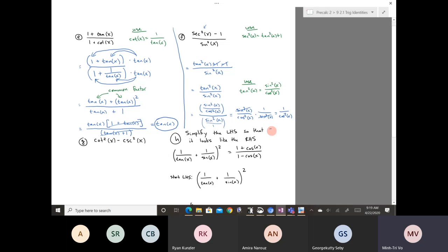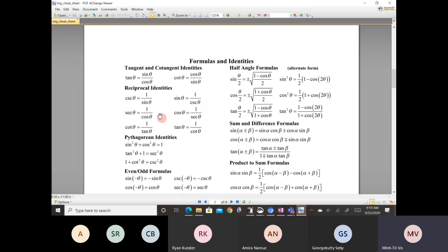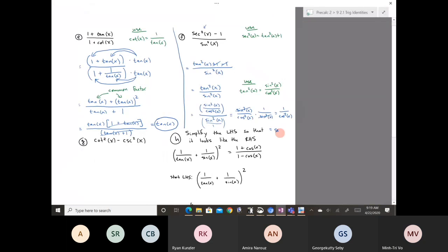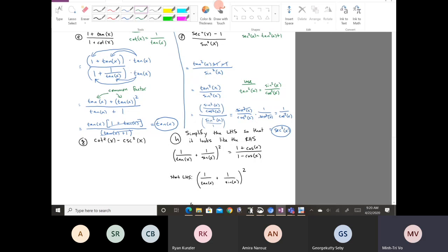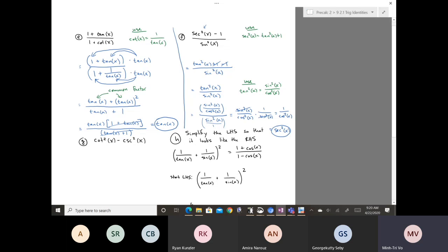But what is 1 over cosine squared? Well, 1 over cosine is the same thing as secant. So I'm actually using a third identity here, right? So 1 over cosine is the same thing as secant.